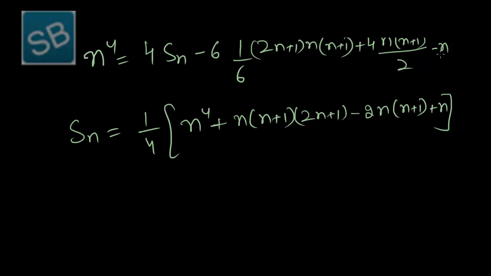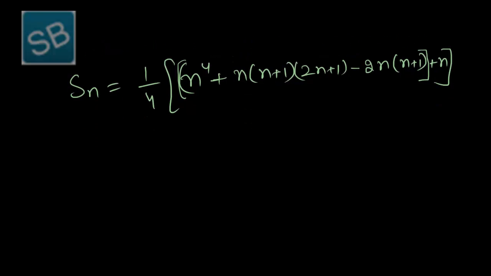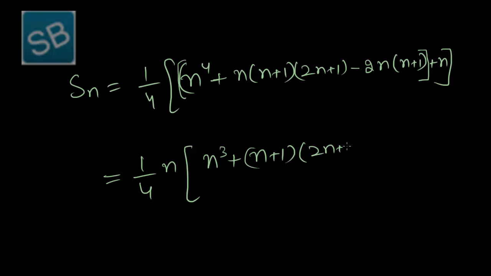From all the terms we get n common out. So we get n cube plus (n plus 1) into (2n plus 1) minus 2 into (n plus 1) plus 1.